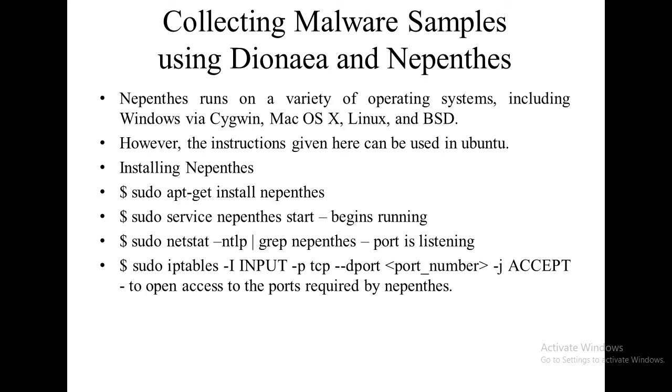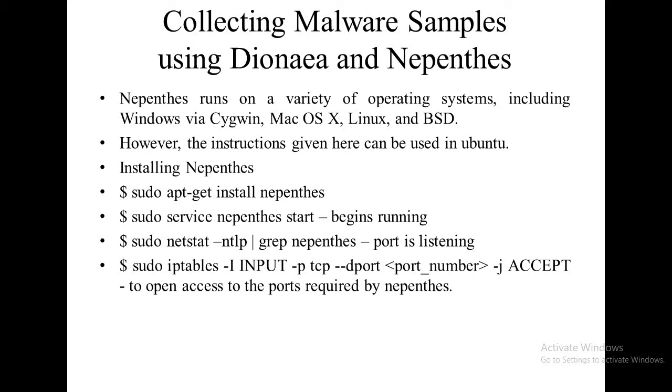Nepenthes can be operated on many operating systems, like Windows via Cygwin, Mac OS, Linux and BSD. However, Ubuntu is more effective. So how do we install Nepenthes? The basic command is sudo apt-get install nepenthes.